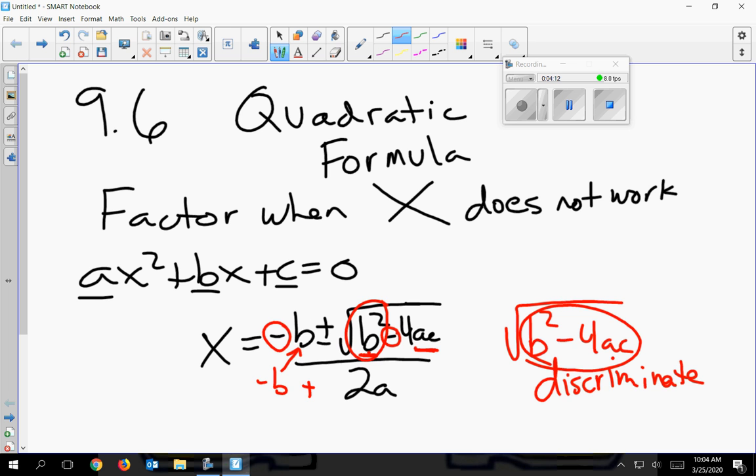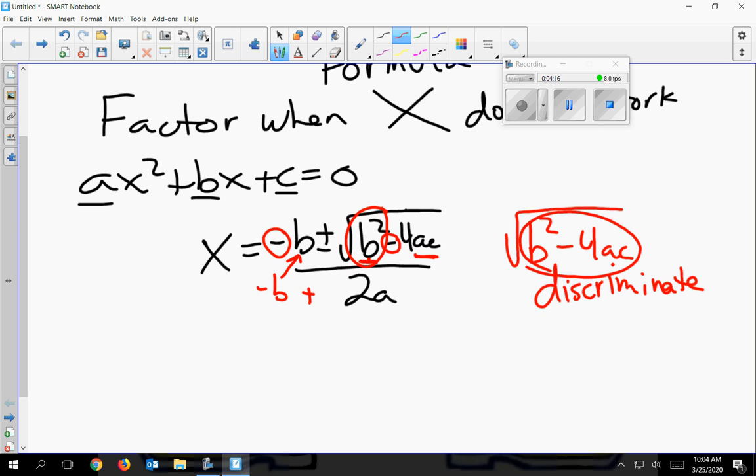So if you want to write this down, if the discriminant ends up being, I plug in B squared minus 4AC and do all the math, I get an answer of 0. I'm going to have one solution. Because remember, we're trying to factor it. We couldn't, so we have to use this for trying to find solutions. If I get a 0 under here, I'm going to get one solution, okay?